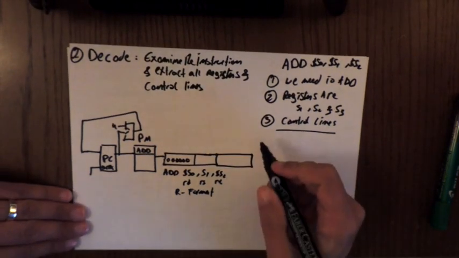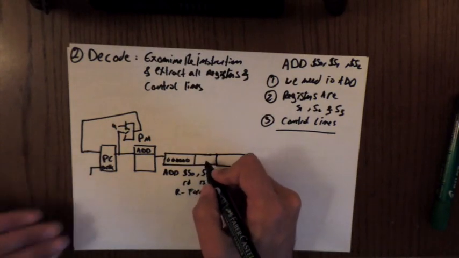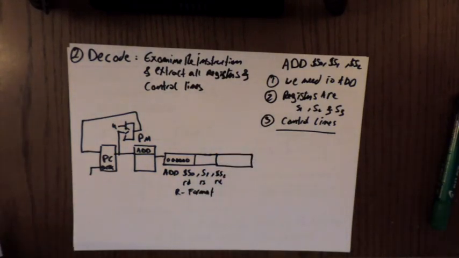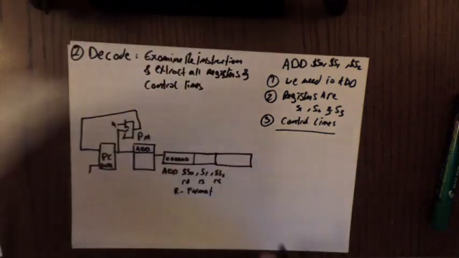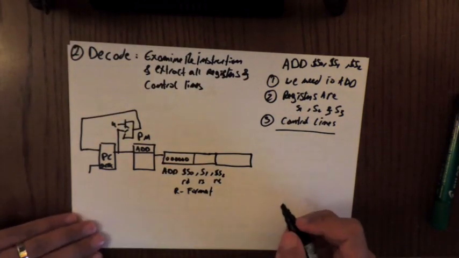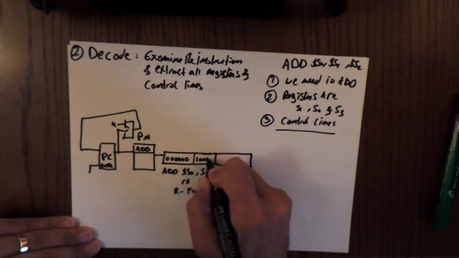Here we have S1, which, if I look at my MIPS datasheet, is 17. S0 is 16, S1 is 17, so I write that in binary.